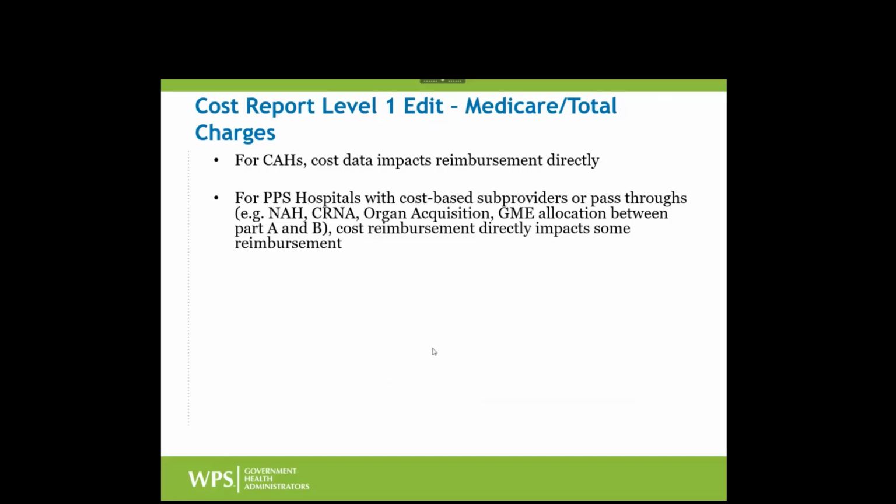Now, for PPS hospitals, there could be some cost reimbursement impact if you have a cost-based sub-provider like an RHC, or even if you just have a cost-based pass-through like nursing and allied health, CRNA, organ acquisition, and to an extent, even GME. And that's related to how it's apportioned between Part A and Part B. It doesn't impact your total amount, but it impacts what side it goes on.